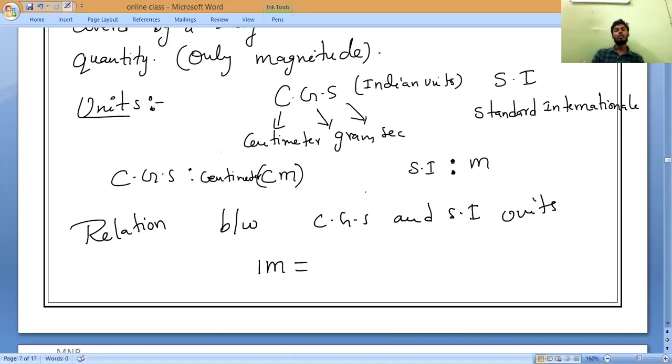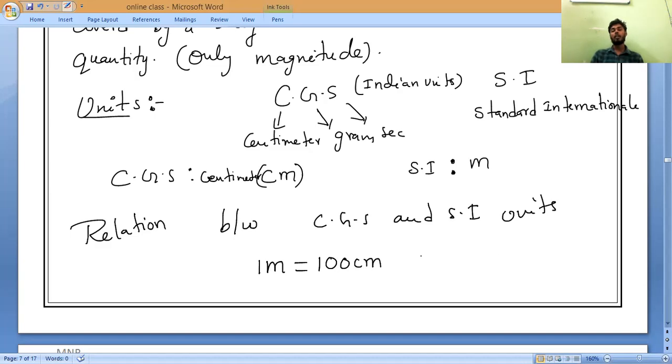Now you tell me, 1 meter is equal to how many centimeters? 100 centimeters. That is how to remember. But as I always tell you, in physics you have to write in a beautiful way.